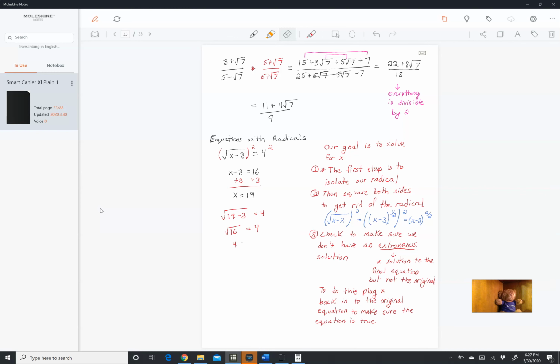And the square root of 16 is 4, and 4 is equal to 4. So this is a solution. It's not extraneous. Okay, so every time that we have an equation with a radical, we have to check for this. Okay, let's take another example.